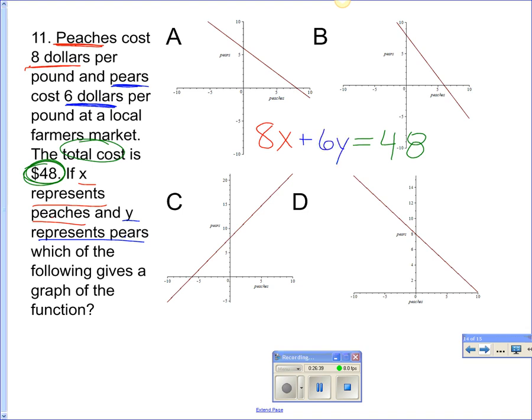All right, almost done. Andrew, what do I have to do with this before I pick a graph? Very good. And circle what? Caitlin, what moves to the other side? And Rebecca, what else do I do after subtract 8x? By 6. Very good.